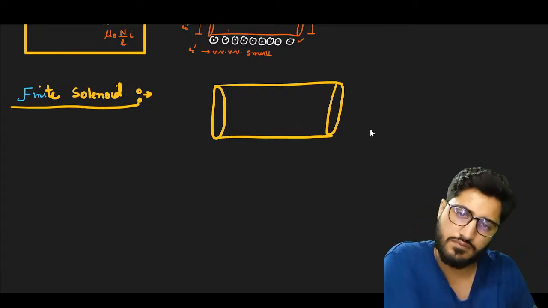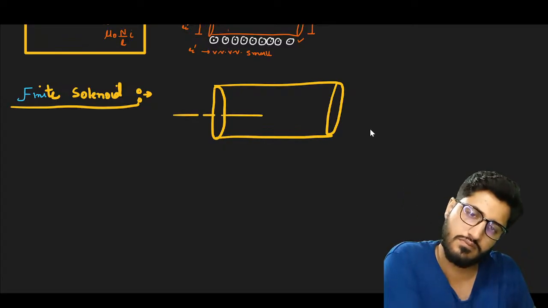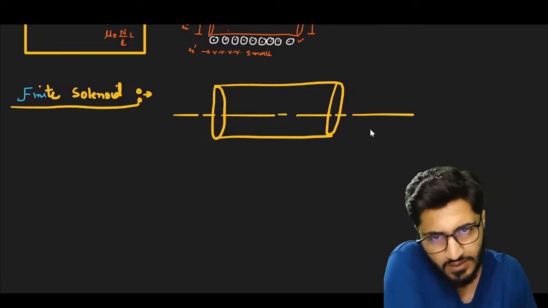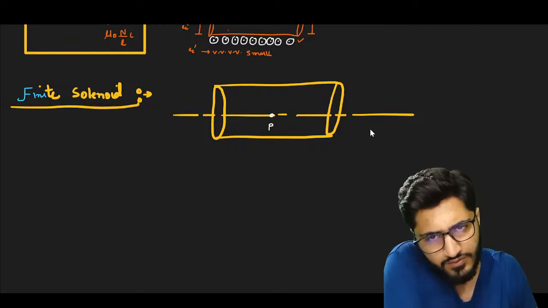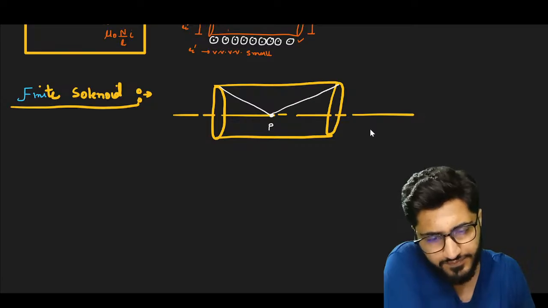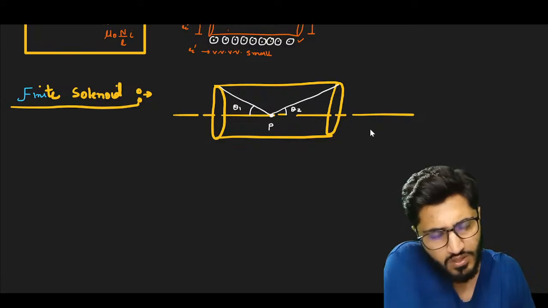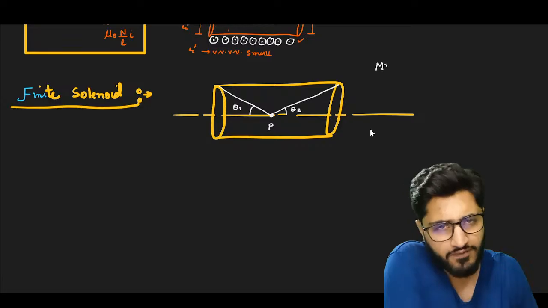Then a point P here, just connect these two terminals. If this one is theta 1, this one is theta 2. Do you know what is the magnetic field at P?